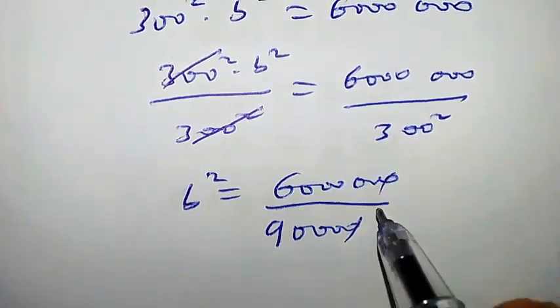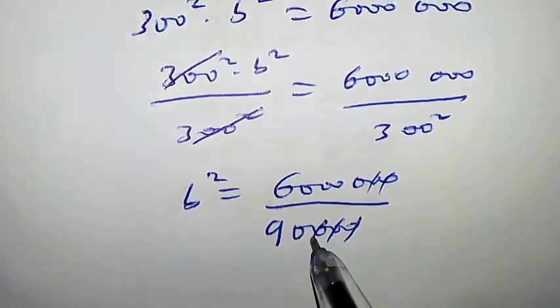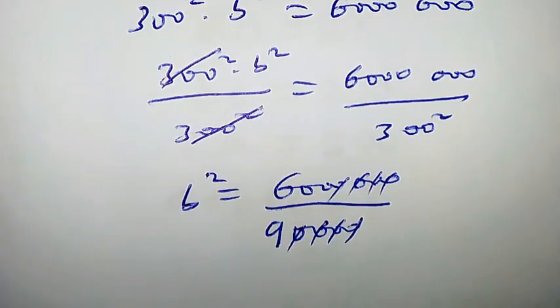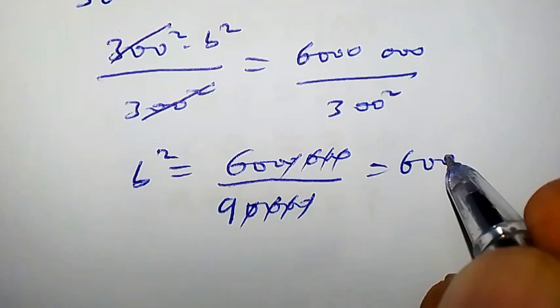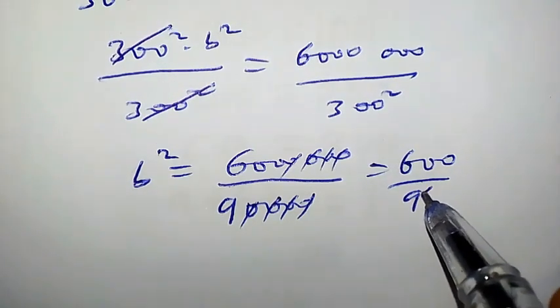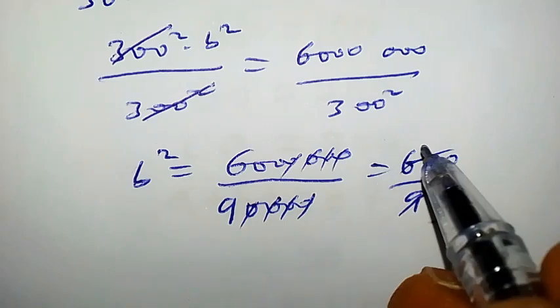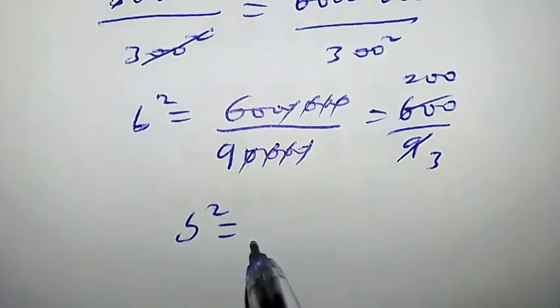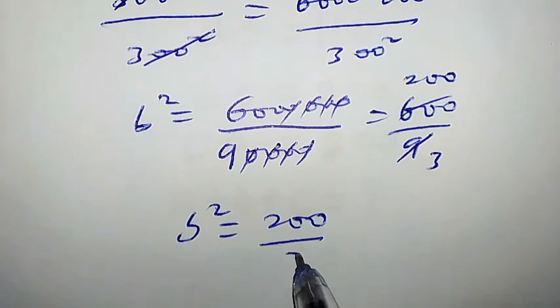Clearly, the zeros cancel. So we are left with 600 over 9. We can simplify this further. 3 in 9, that is 3. 3 in 600, that is 200. So we have B square equals 200 over 3.